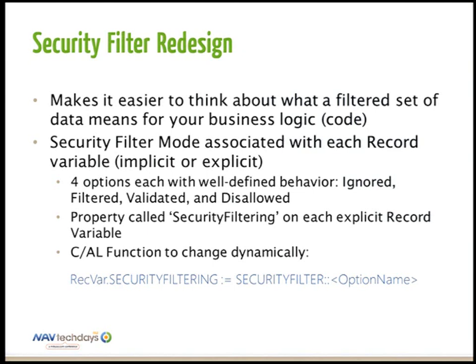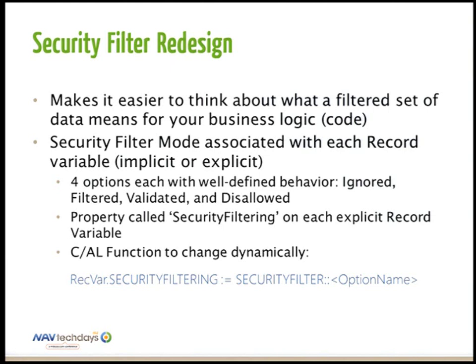More specifically, we try to give you as app developers more control of how your code works if some security administrator puts up a security filter on one of the tables that you use. So the goal is to enable you to think about how should my code behave if somebody puts a security filter on one of the tables that I'm currently using inside my code.